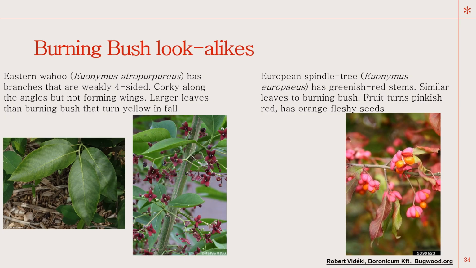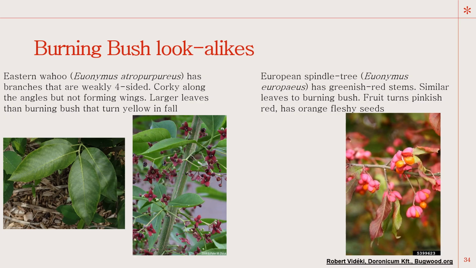They'll have slight raised edges, which come from the corky edges along the angle. Where burning bush has really prominent ones, this one will be very minute, almost like raised edges versus actually making wings. And the leaves are going to be larger than burning bush, and they will turn a yellowish color in fall.